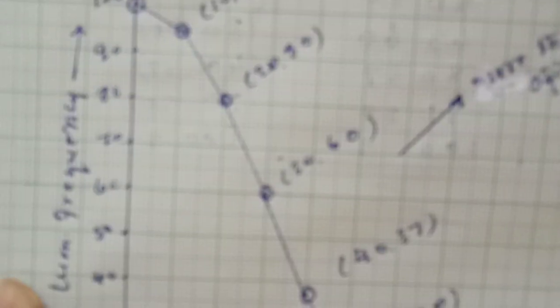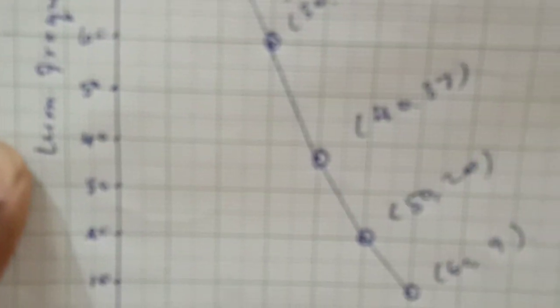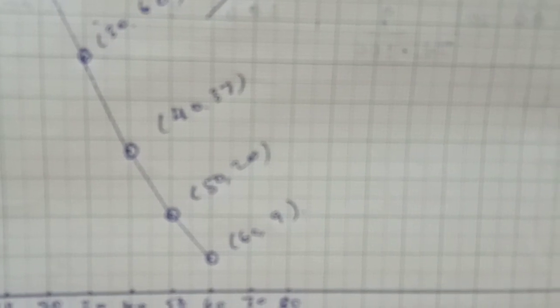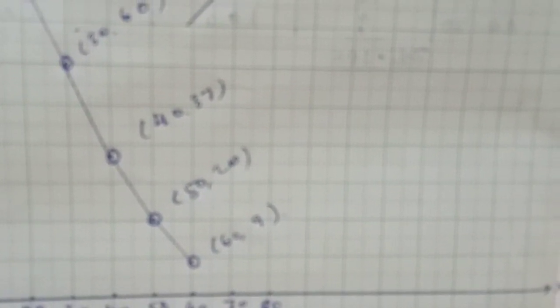Now here, since it is 10, 37 means, children, 37 comes after 30, after 7 divisions. Okay, I think it is clear.